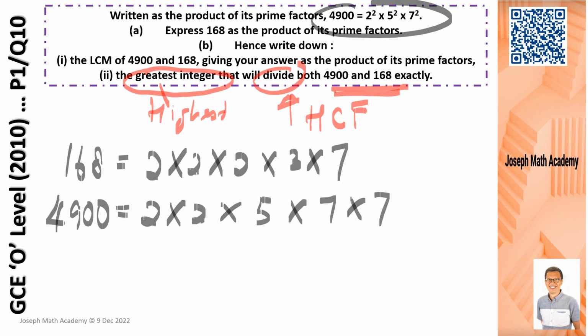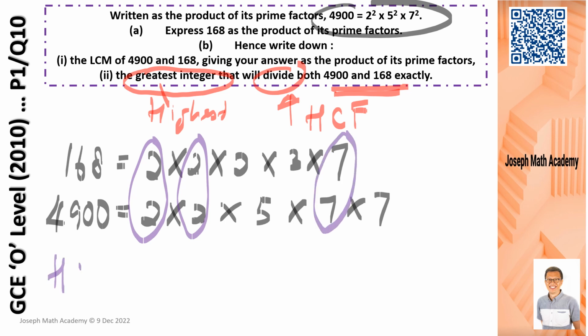Now, for HCF, we only pick up those that are common. I'm going to do it very slowly. So common: no more 2s, no more 3s, no more 5s, 7, yes, common.